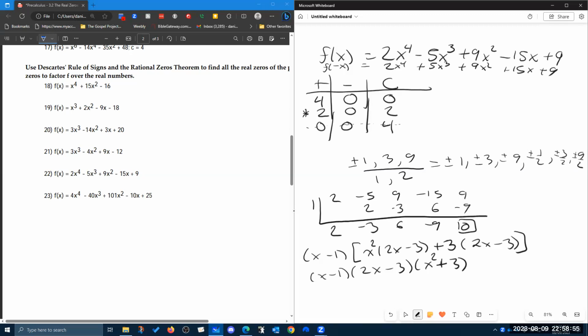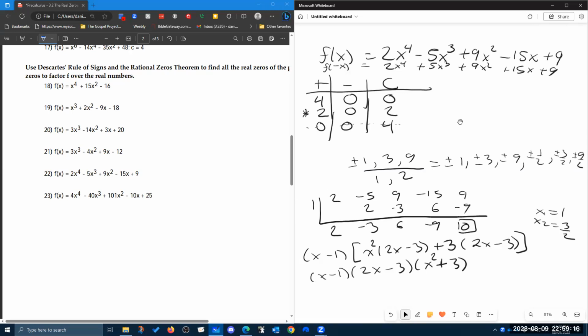So my first one was 1. My second one was 3 halves. Those are my two positive answers that would work here. Check it out with synthetic division if you would like to.